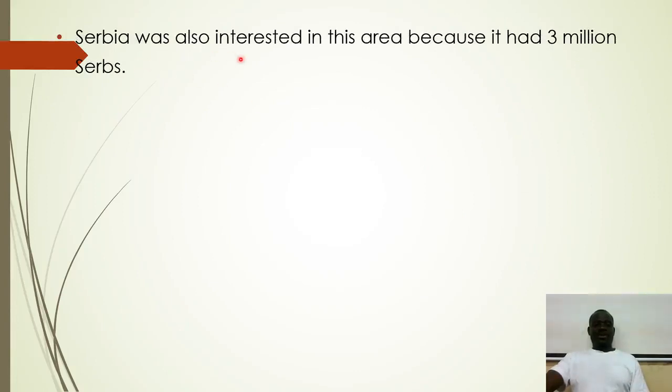Serbia was also interested in this area because it had 3 million Serbs, just as we have already pointed out. Bosnia-Herzegovina was another bigger interest for Serbia. So that annexation by force by Austria-Hungary was a big shock to Serbia.